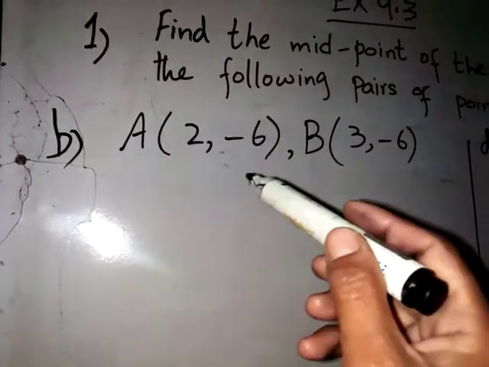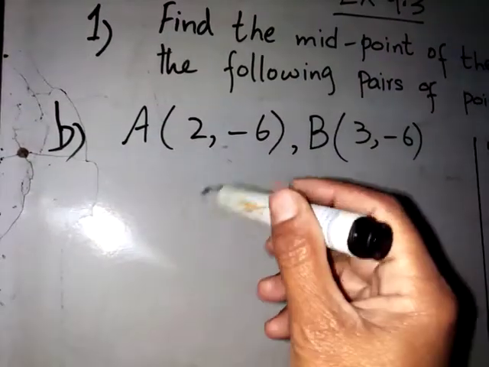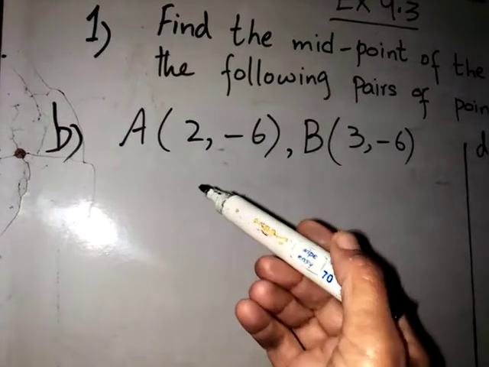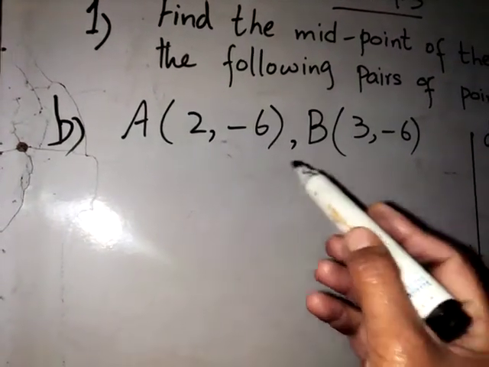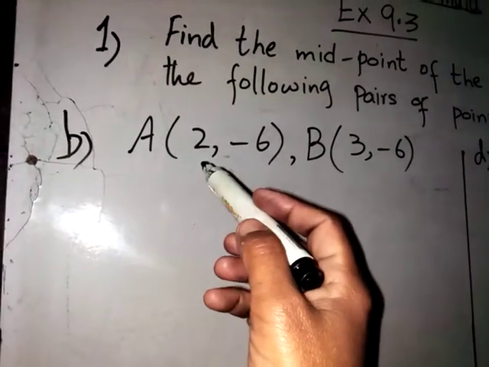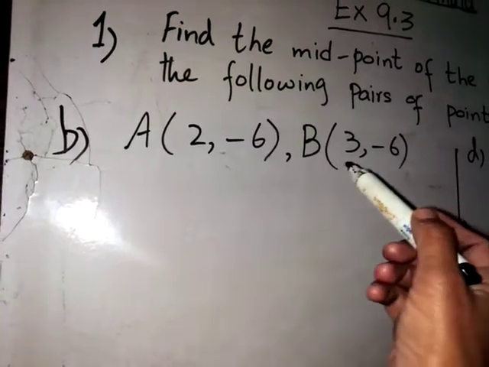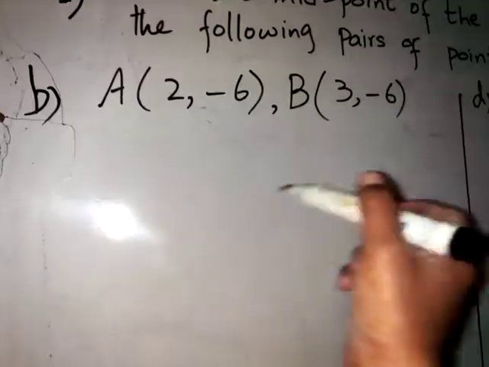Now we will solve part B of question number 1. Points are A and B again, and their coordinates are (2, -6) and (3, -6).